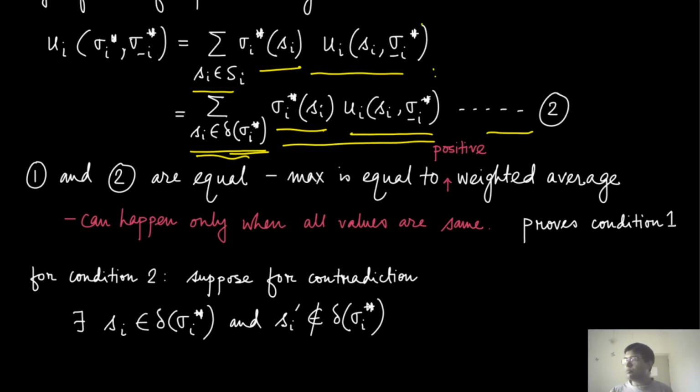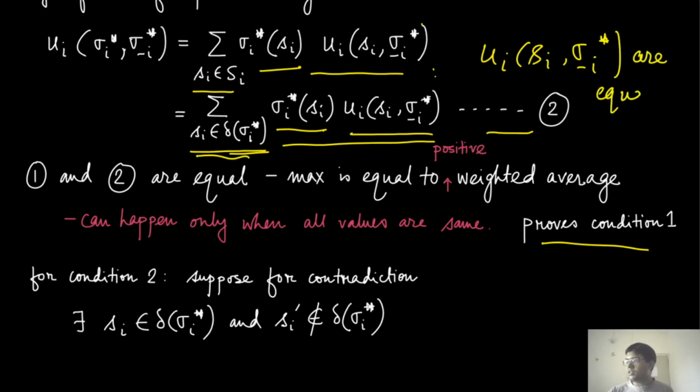So this essentially proves condition 1. All the utilities, utility of SI against sigma minus I star, are equal when SI is coming from the support of sigma I star, right? This was condition 1 that we wanted to prove.